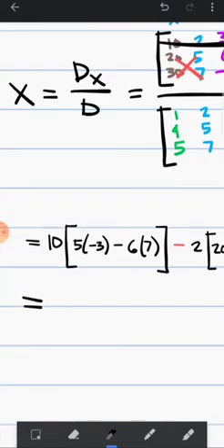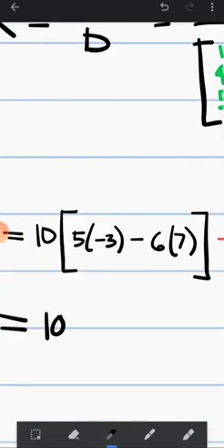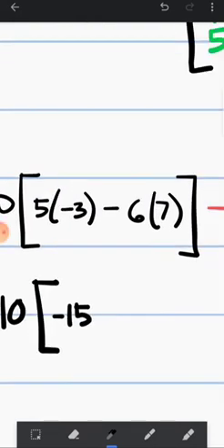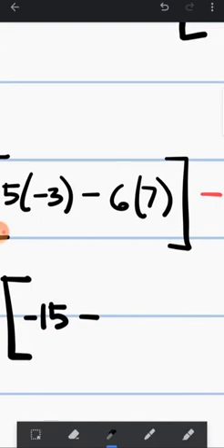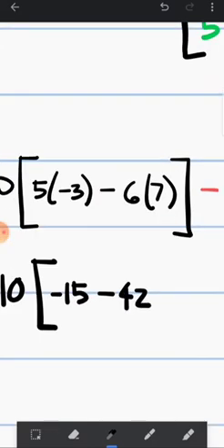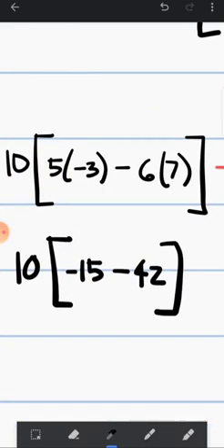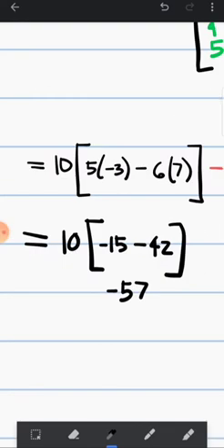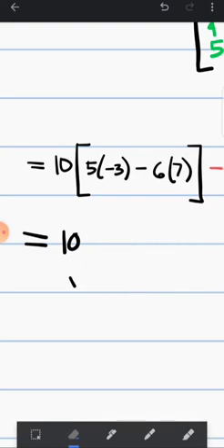So let's simplify. 10 times 5 times negative 3 is negative 15. Then minus 6 times 7 is 42. So negative 15 minus 42 would give us negative 57. And then times 10 would give us negative 570.